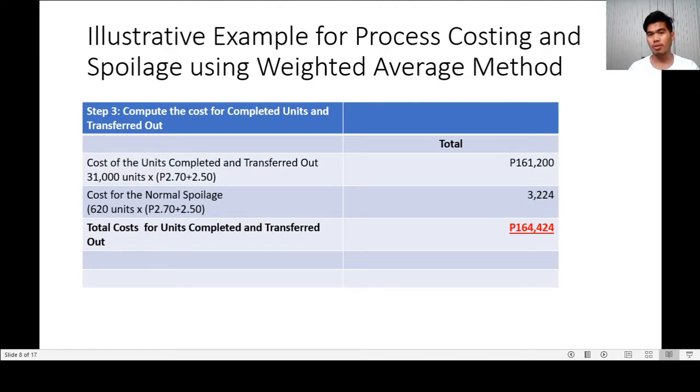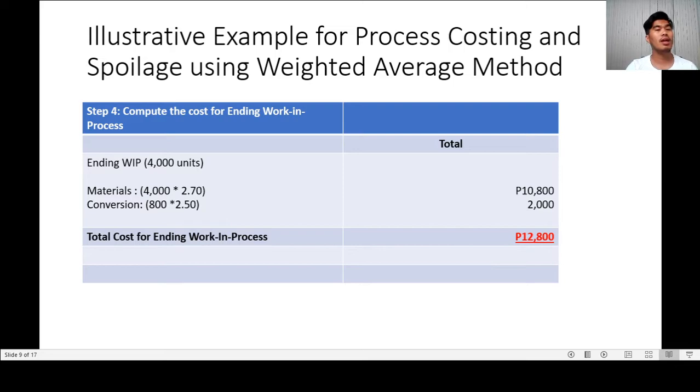So add that to our good units of 161,200. So the total cost of units completed and transferred out is 164,420. This is for good units. These are the good units that are completed and transferred.